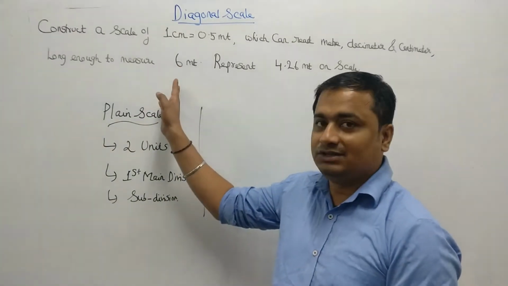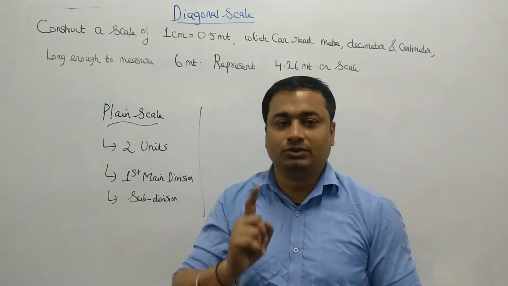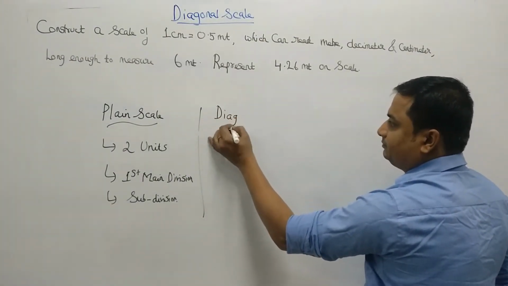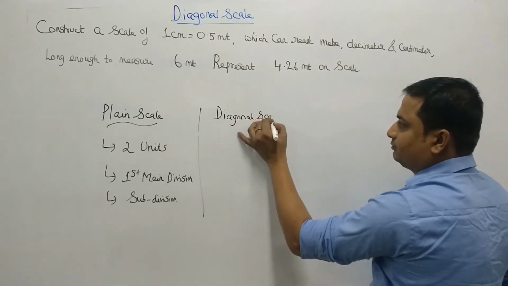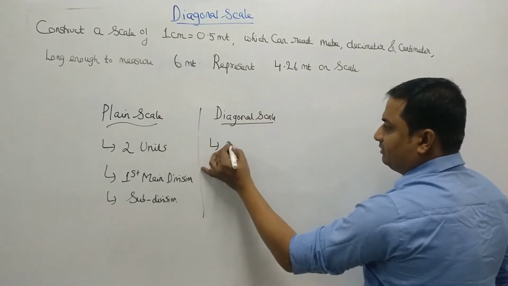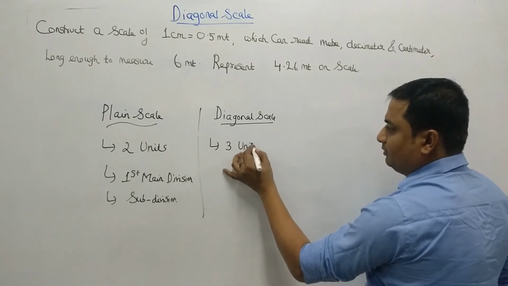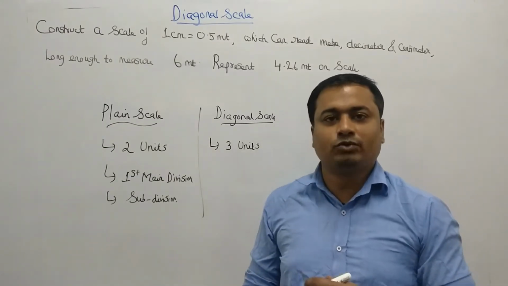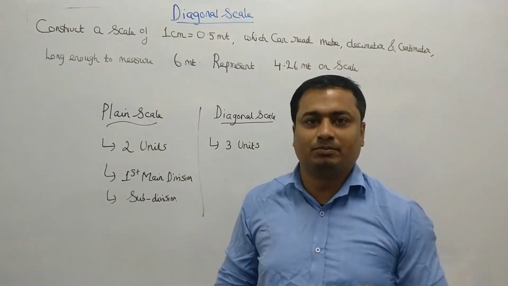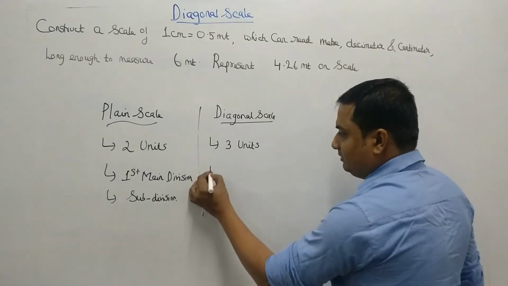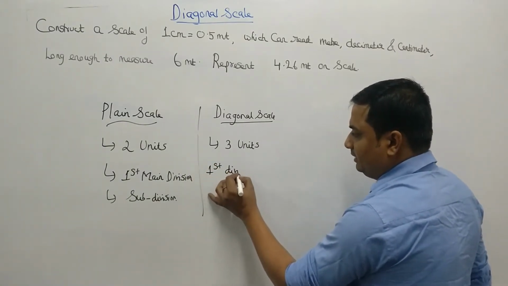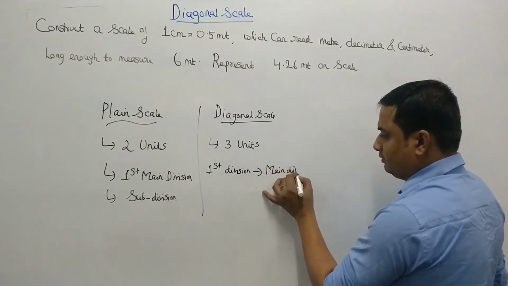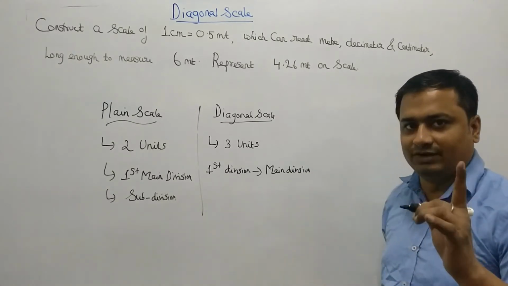Now coming to the diagonal scale. Diagonal scale is used for the measurement of three units, right? For the three units, here we are going to divide the line three times into equal number of parts. The first division will be the main division, representing the first unit.